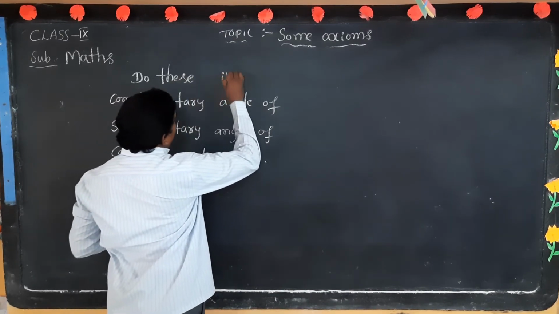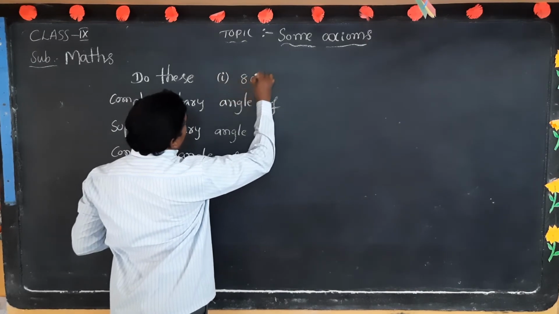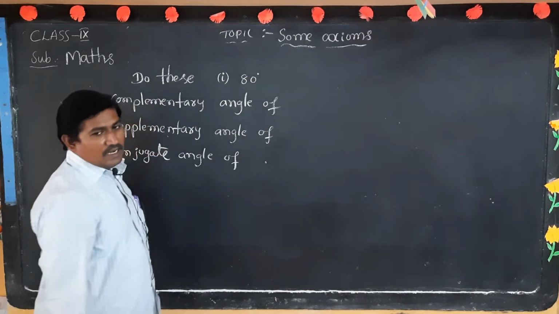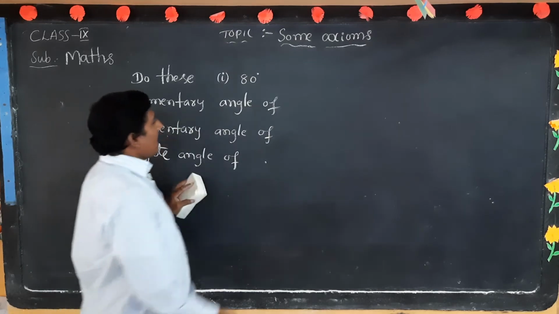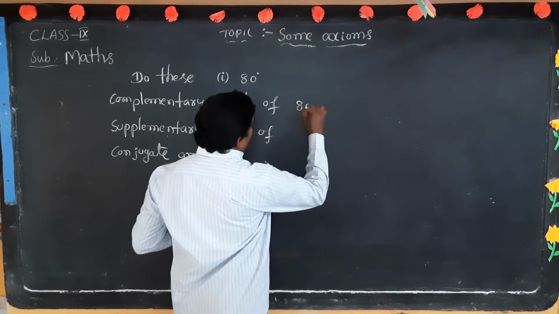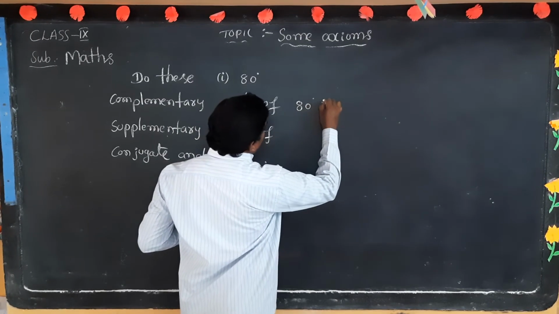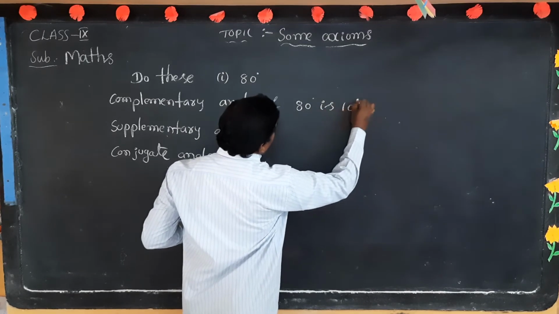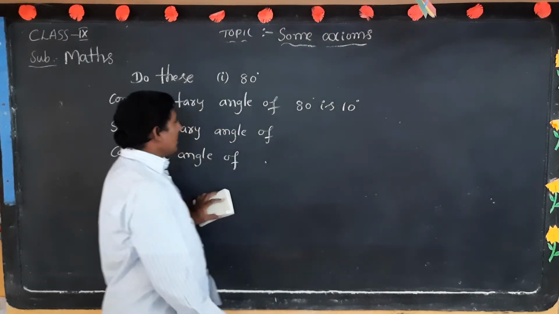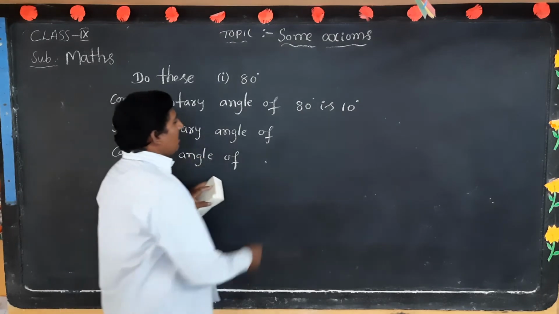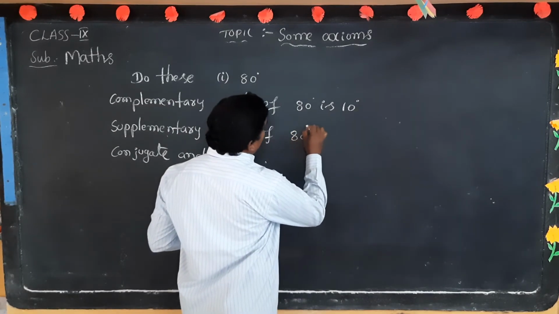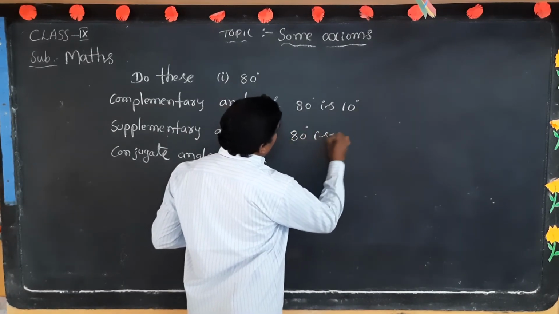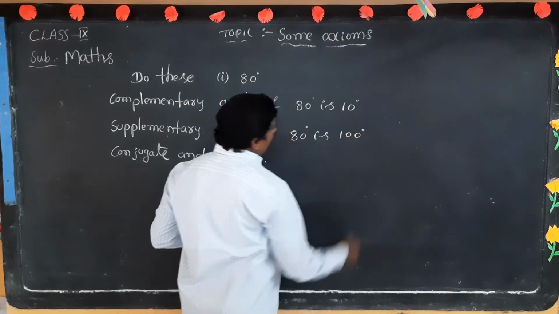we are finding for 80 degrees. The complementary angle of 80 degrees is 10 degrees. Why? Both adding gives 90. Next, the supplementary angle of 80 degrees is 100 degrees.